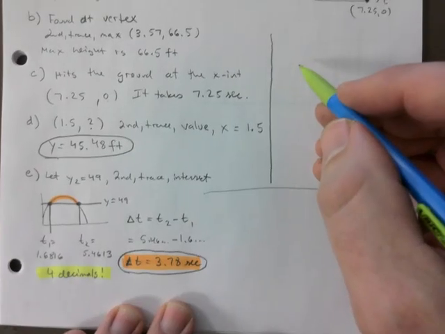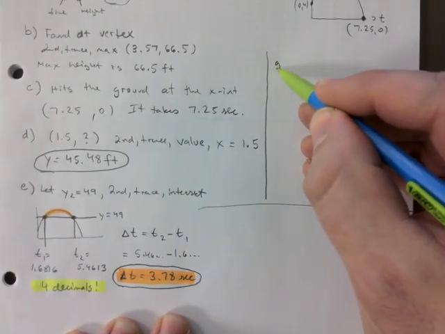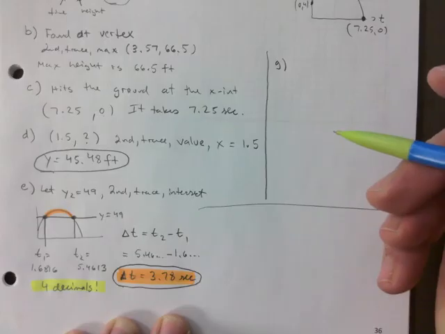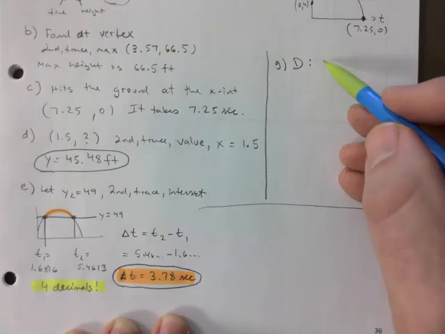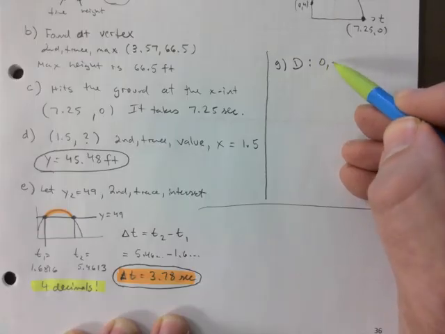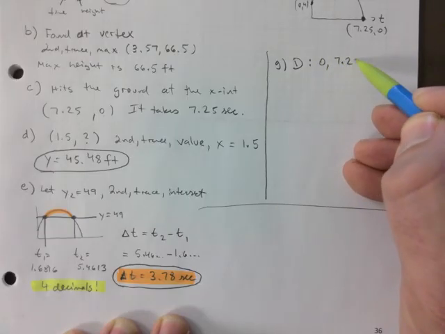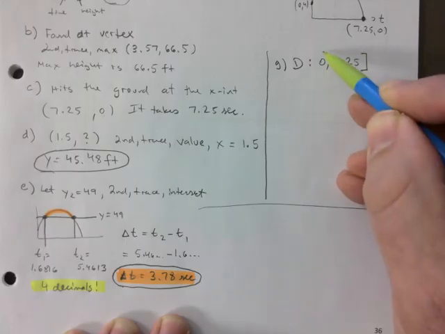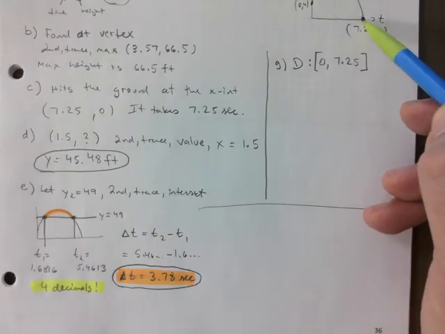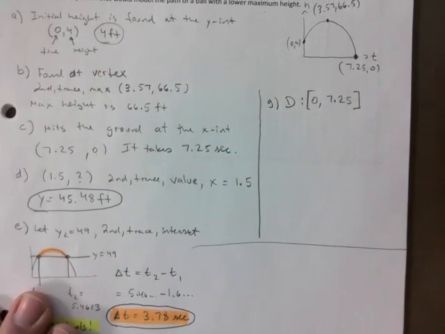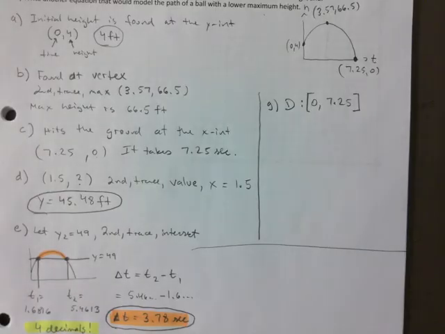G, right here. What's the domain and range for this scenario? Let's do it right under the sketch if you can. It would be 0 to 7.25 because we're assuming the action stops when the ball hits the ground. Let's say we threw a rock into the water.